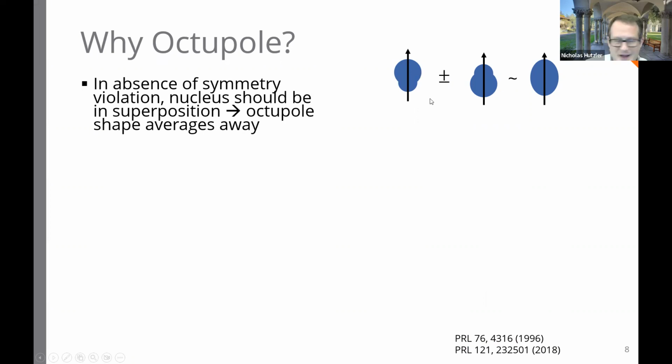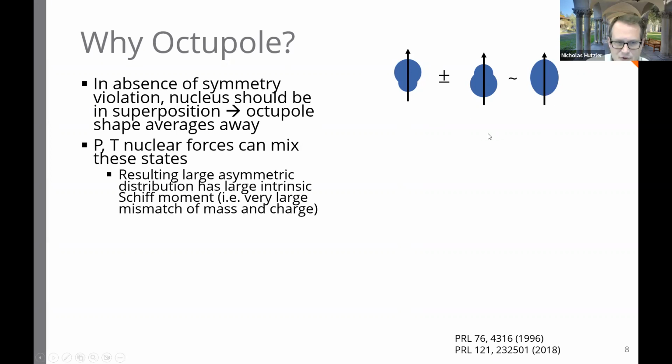So you should end up kind of like a molecule, right? In zero field, a polar molecule is in a superposition or a rotating state where there is no reflection asymmetry. You end up with a nice reflection symmetric thing. So you end up with a superposition of these octopole shapes, a nice non-symmetry violating nuclear shape on average. So everything's fine, no symmetry violations.